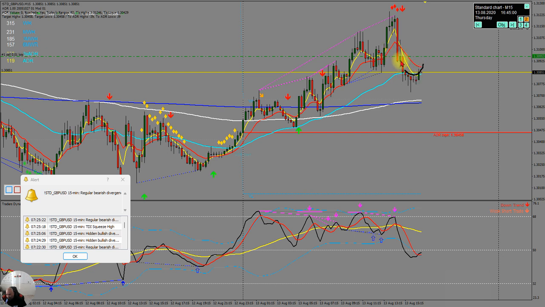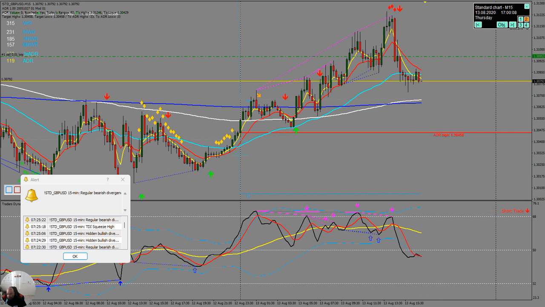Because there's a lot of retail traders that are selling in here, selling in here, selling in here. And that's where they're putting their stop loss at. And guess what? The pullback wipes them out. Your stop loss is above the high, but obviously, if you already moved it to break even, it's getting near your stop loss.